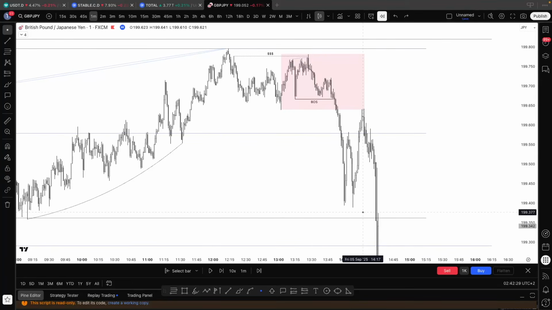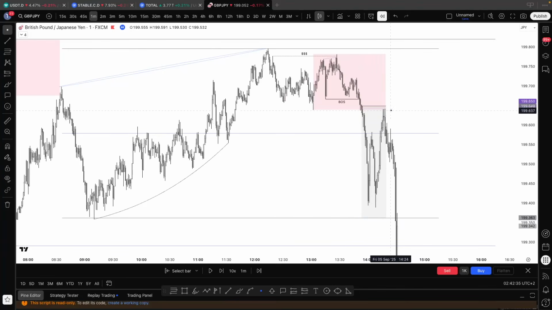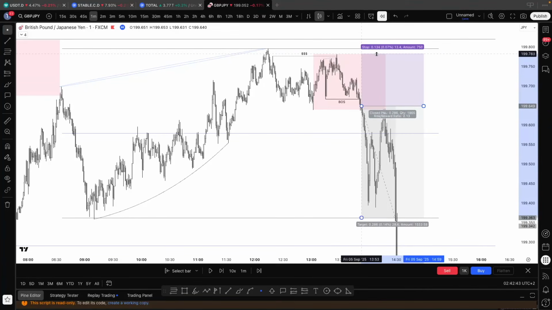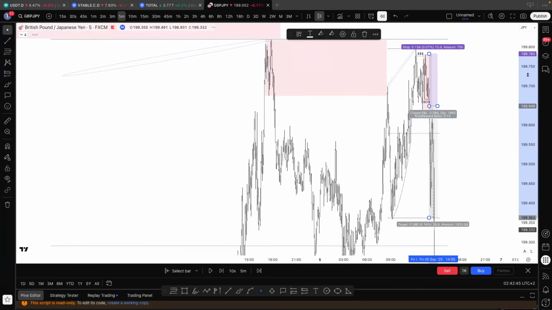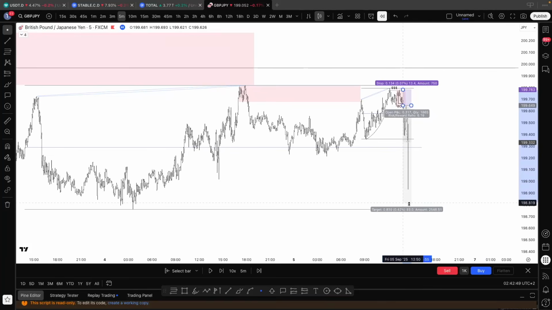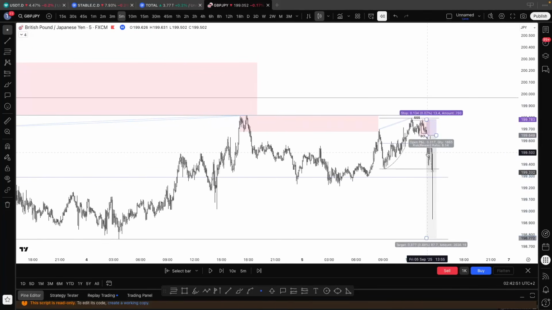So what can you do? You can trail your stop loss to break even. You can literally trail your stop loss to this high, and now you're fully de-risked, and you don't have to take a partial TP. All right, your RR is still gonna be 7 because when we're going lower, you're targeting all the way to the range low, and your RR is 7.